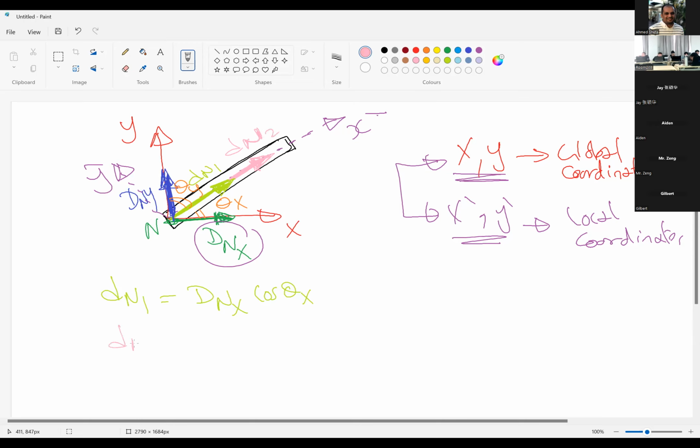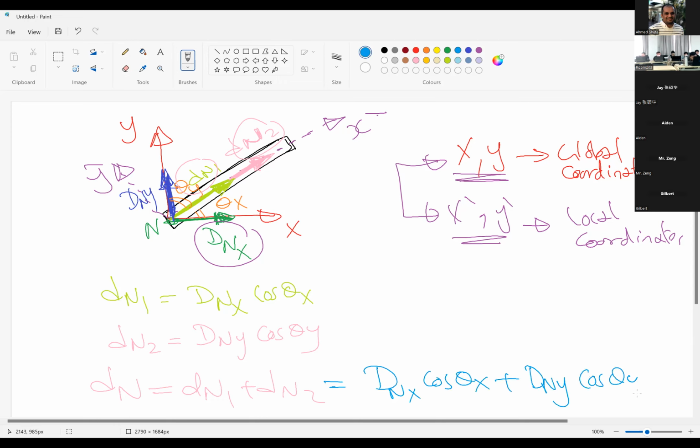So dn2 will be dny cosine theta y. So how much is the resultant of dn2 and dn1? The resultant will be called dn equal to dn1 plus dn2, and it will be dnx cosine theta x plus dny cosine theta y.